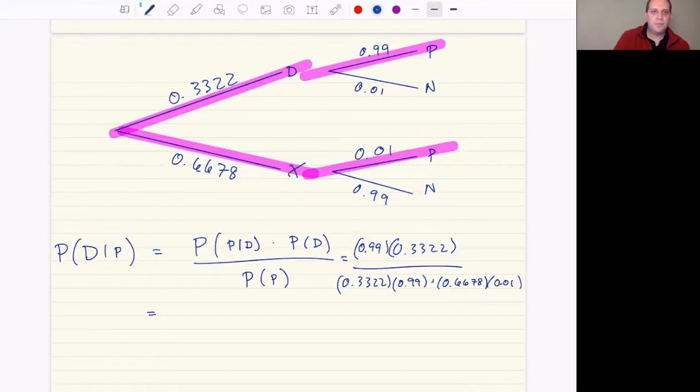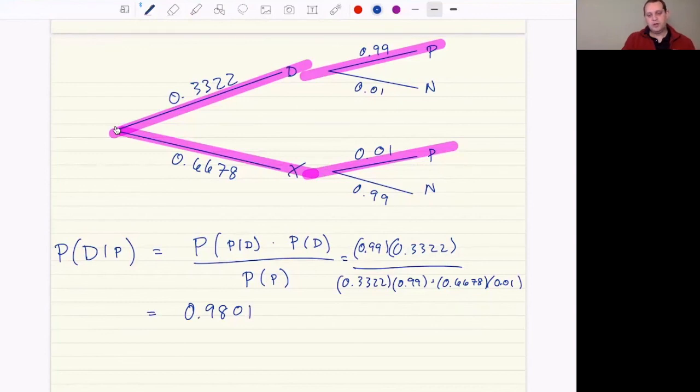Okay. And so that's going to turn out to be 0.9800987. So let's just say 0.9801. So that's the probability that we have the disease given that we've had two positive tests. Okay, so that's how that's going to work.